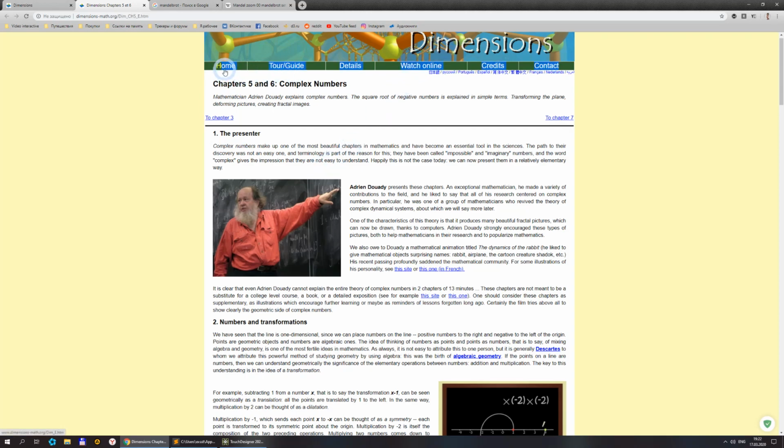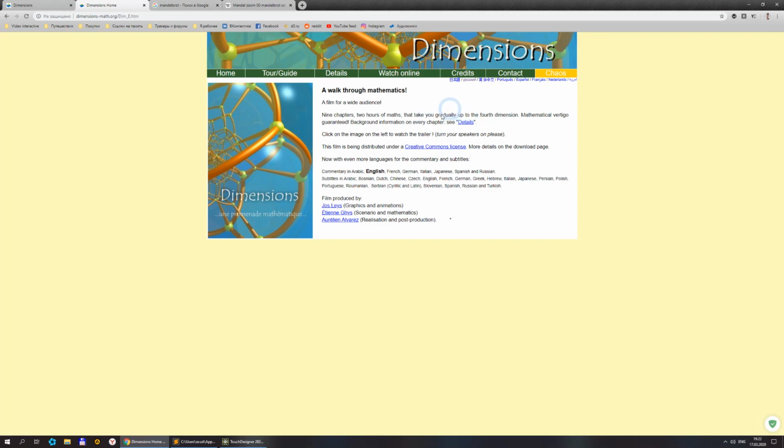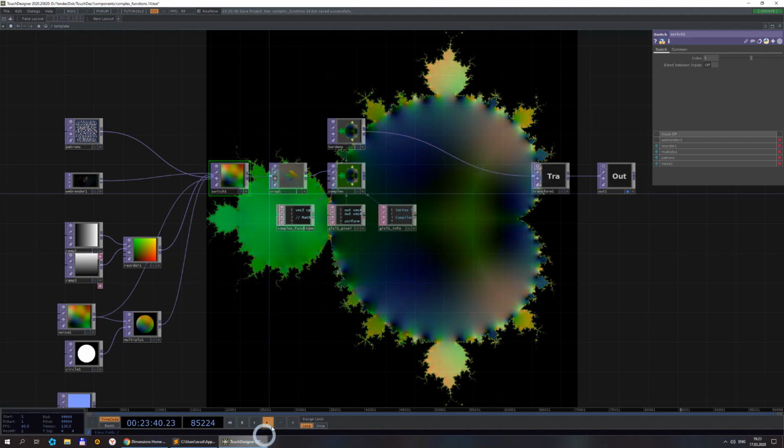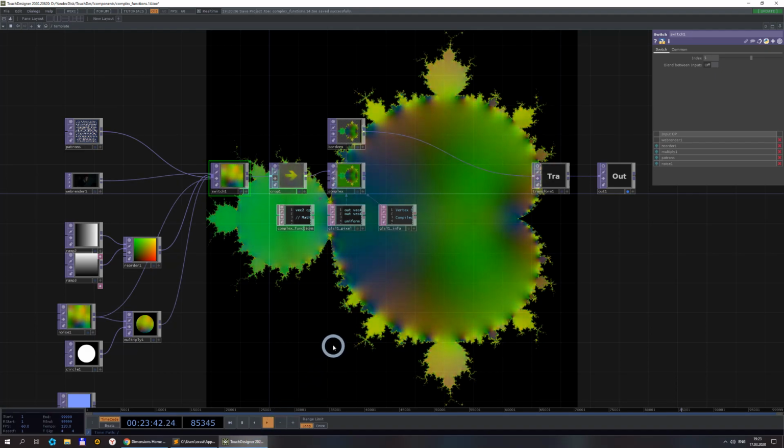They also have another one about chaos. Also many interesting creative coding ideas, like cellular automata and strange attractors and other stuff.